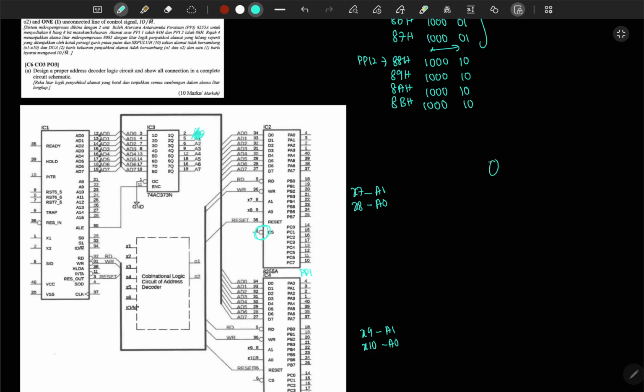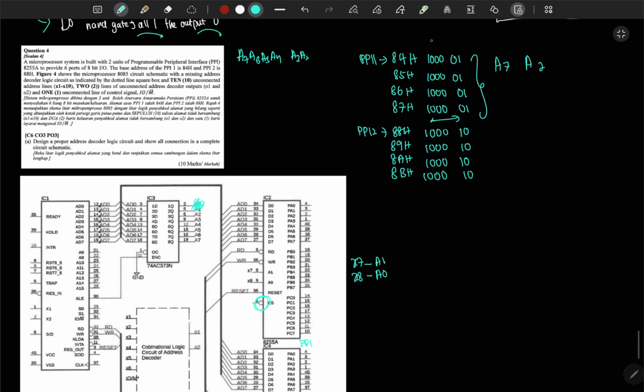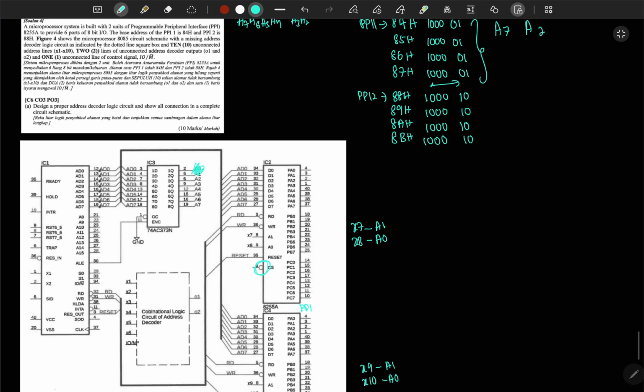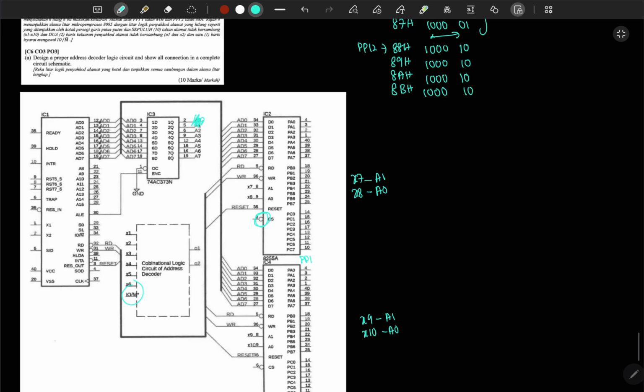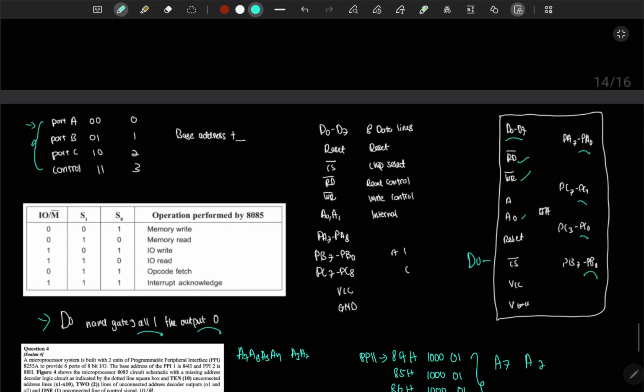In order to get result 0, we could use a NOT gate, we could use a NOR gate, but we're using a NAND gate. Why? Because every 1 is equivalent to 0, so we need to turn on everything. In this case, A7 is on, A2 is on, but the balance A6, A5, A4, A3 is off. Notice that. And also our IO is always on. Why? Because IO1 is equivalent to read and write.